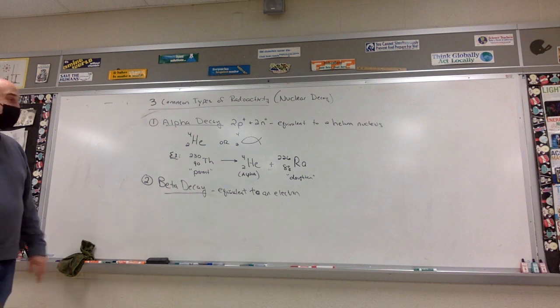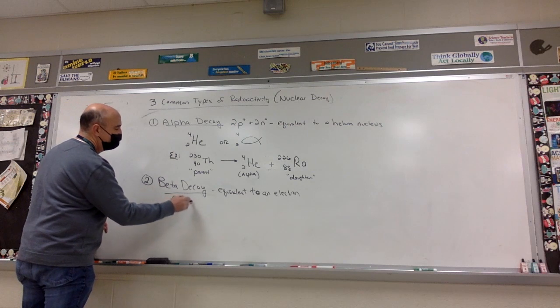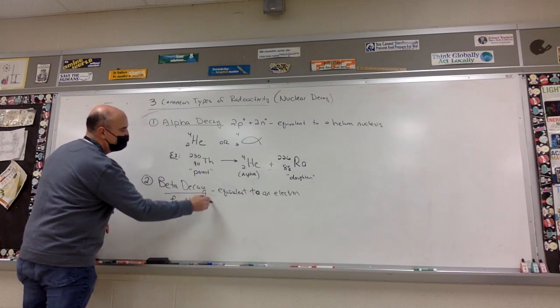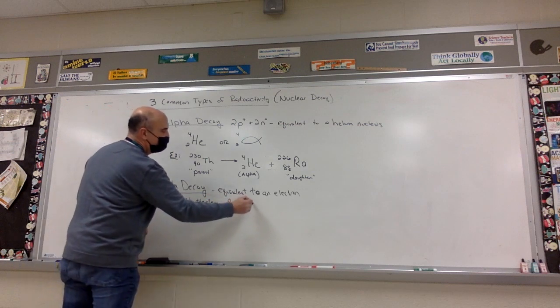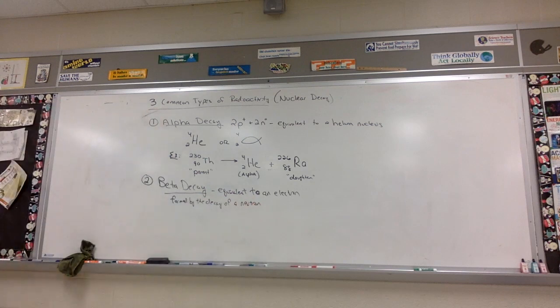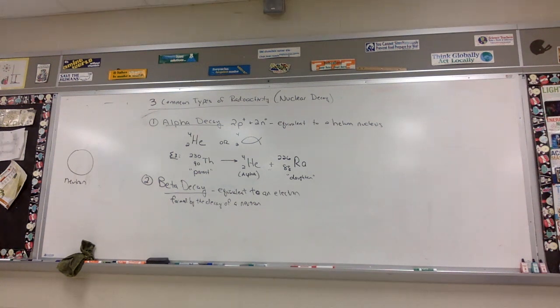What actually happens is a neutron decays. It's actually a neutron inside the nucleus that is decaying. Okay, so think of a neutron. We know that a neutron is neutral, right? It has no charge. But remember we talked about quarks, that subatomic particles are actually made up of even smaller particles called quarks.